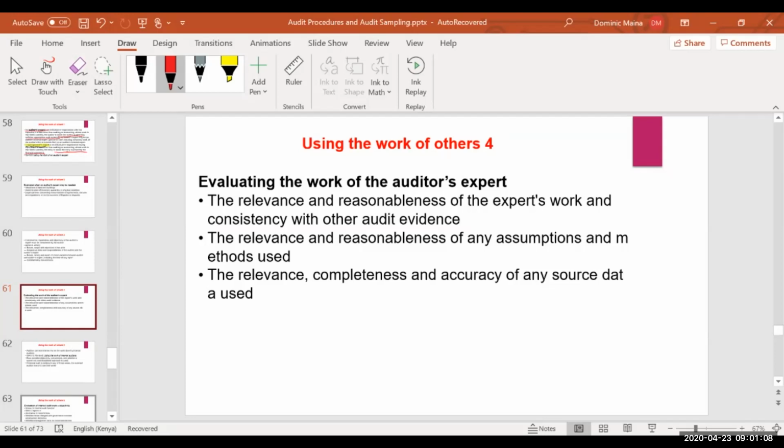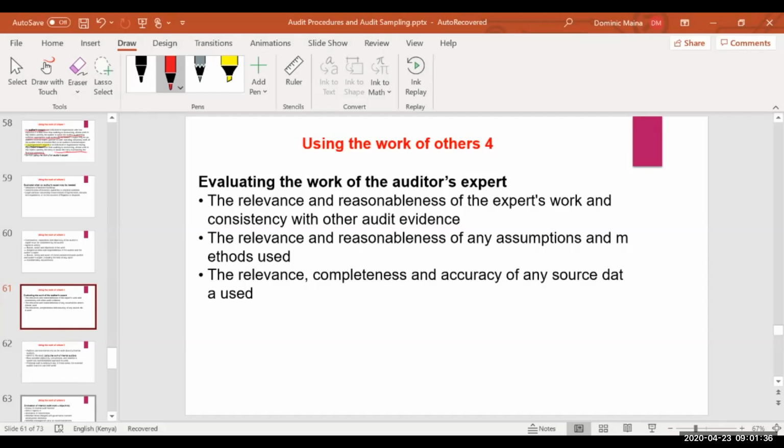If it is inconsistent with the already existing audit evidence you have gathered on that particular subject matter, then you may want to carry out further audit procedures, or maybe this particular expert may have made some mistakes, so you may want to scrutinize the work in detail.